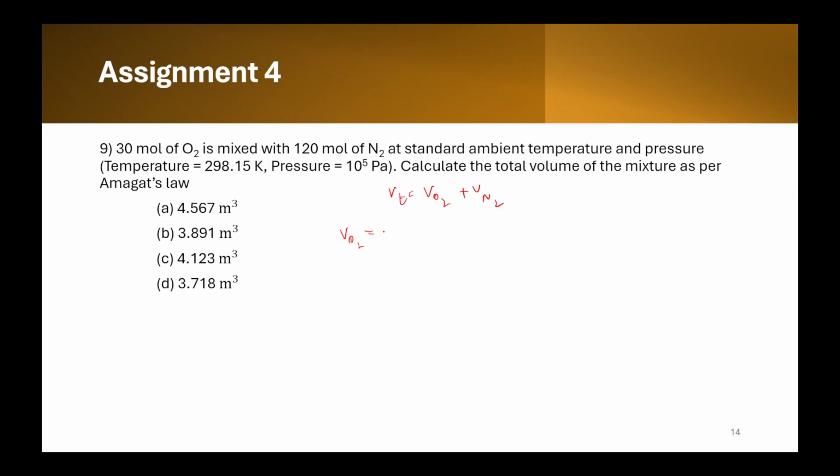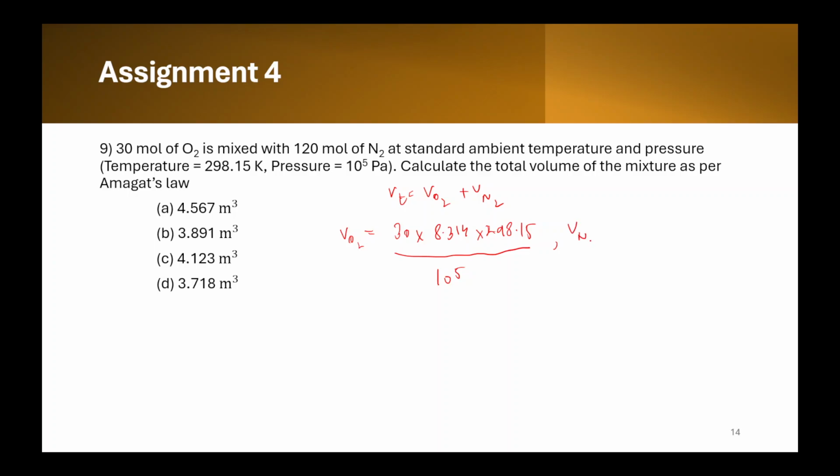So VO2 will be, moles are given, so 30 mole into 8.314 joule per mole per Kelvin, and into temperature 298.15, upon 10 to power 5.